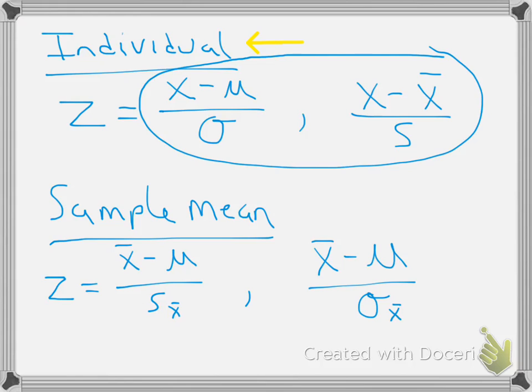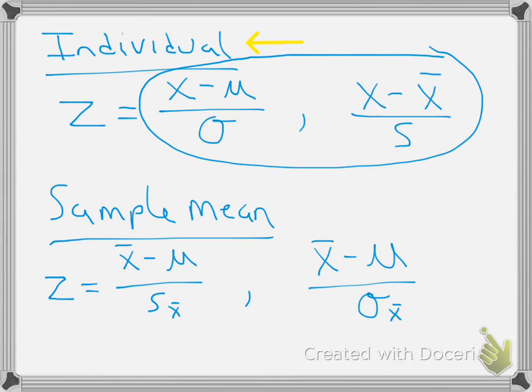If it's a population, it's the difference between the individual score and the population mean, and if it's from a sample, it's the difference between the individual score and the sample mean. Then in the denominator, you have a standard deviation.